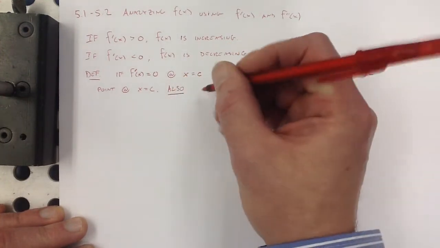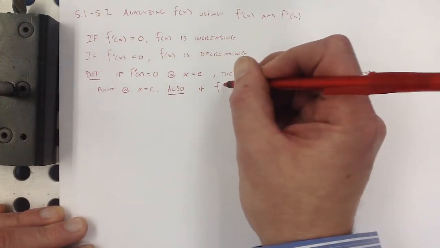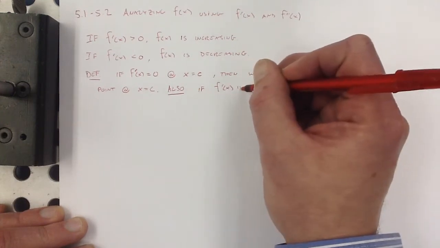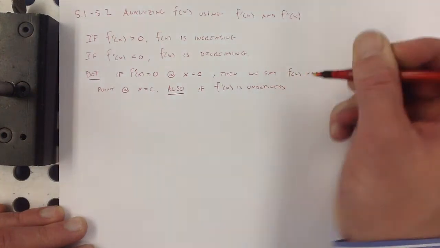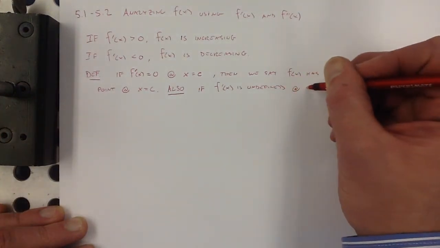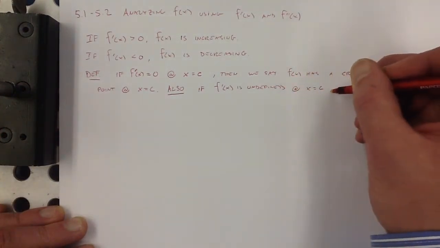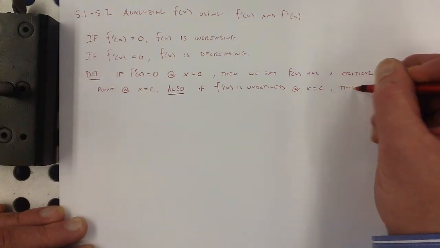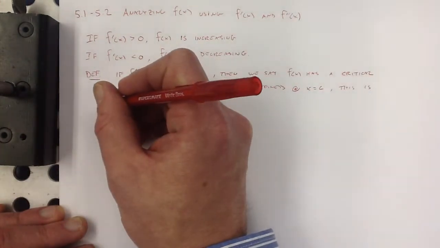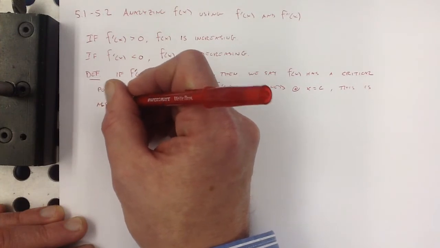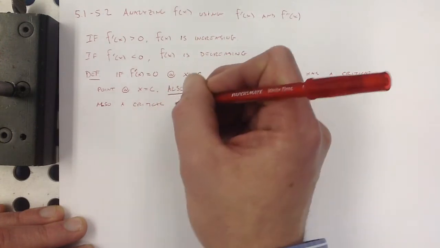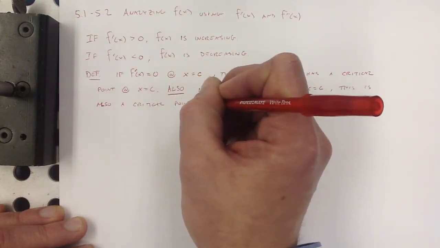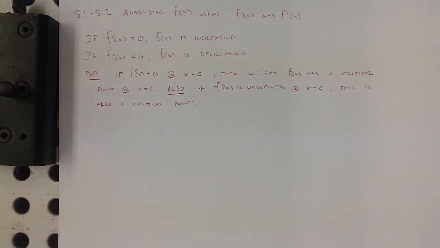Also, if f prime of x is undefined at x equals c, this is also a critical point. So a couple different ways you can have what we call a critical point.